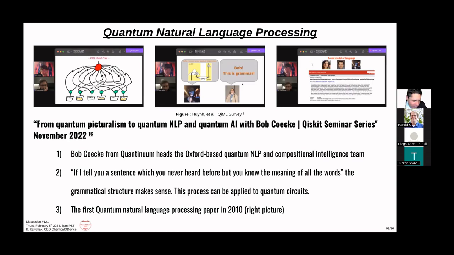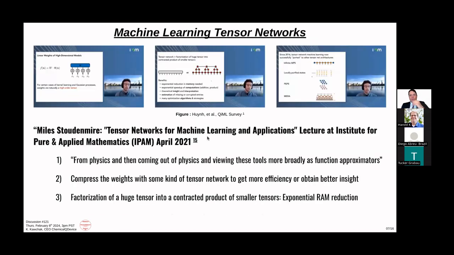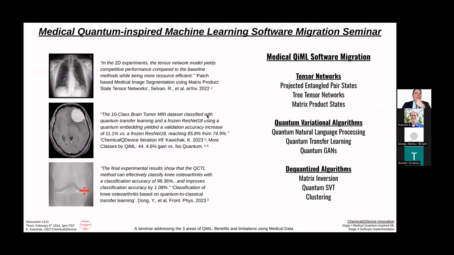Yeah, so I think the moral of the story is there's a lot to look forward to. This migration has been a process, and I can't stress enough, if you want to do anything on classical hardware starting with quantum circuits, you have to read Quantum Inspired Machine Learning: a Survey, by Huynh et al.